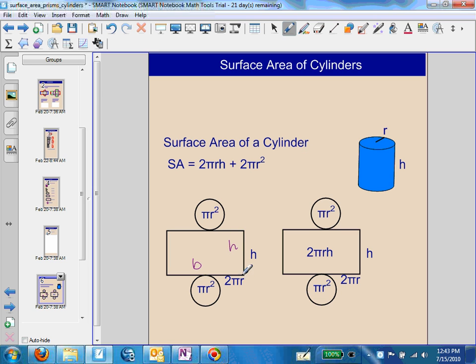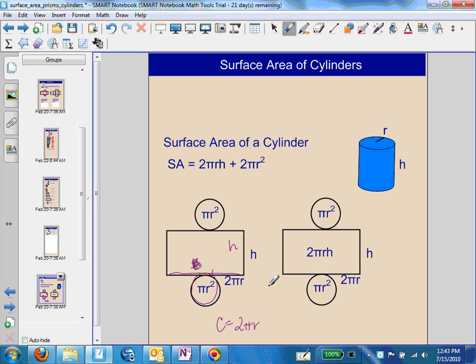However, the base is the same thing as the distance around your circle. The distance around your circle is circumference, and we know that circumference equals 2 pi r. So instead of writing base, we can just write 2 pi r, the circumference, for this line right here.